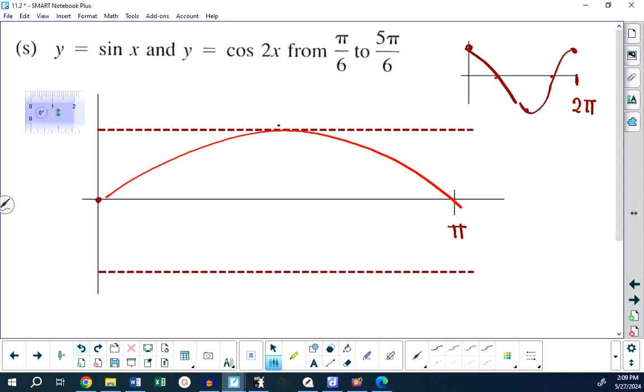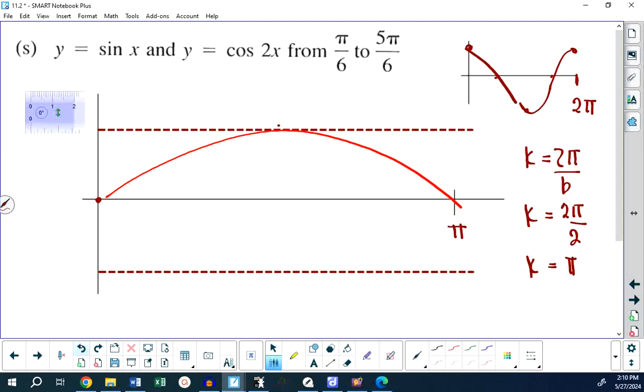But cos of 2x from Math 30 has a parameter of b, and the period is 2 pi over b, which means the period of this cosine function is 2 pi over 2, which means the period is pi. So the sine function from 0 to pi goes through half a period, but the cosine will go through a full period.